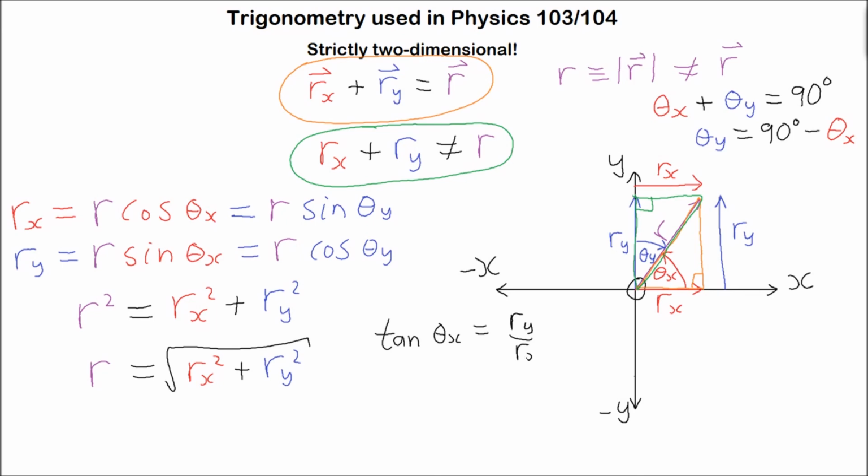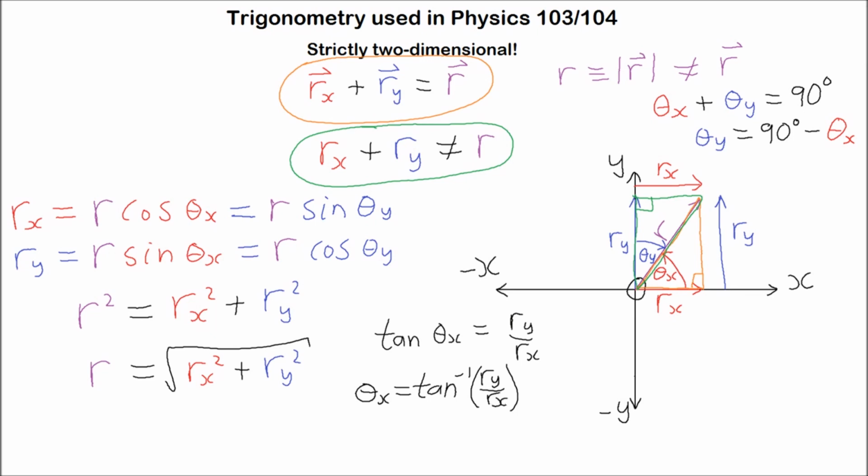And this is the TOA in SOHCAHTOA. Tan is opposite over adjacent. The Ry is opposite the theta x angle, and the Rx is adjacent to the theta x angle. So it follows that theta x is the inverse tan of ry over rx.